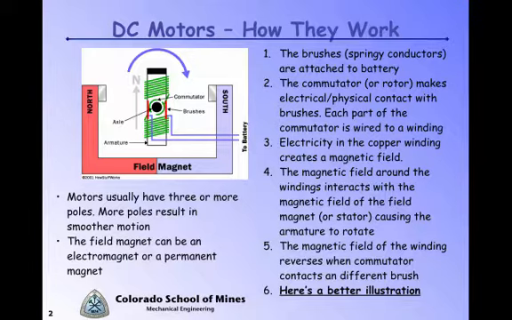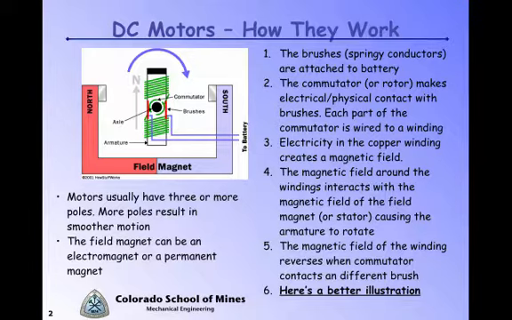And in this configuration shown here, the field in that loop of wire interacts with the magnetic field from the so-called field windings, in this case really a permanent magnet for a DC motor. And it's the interaction of those two that creates the torque that causes the rotor to rotate.